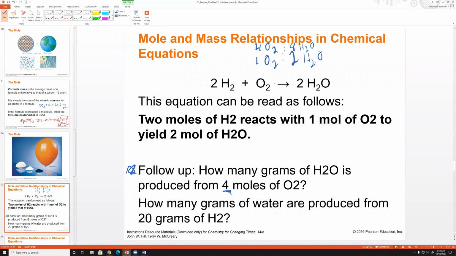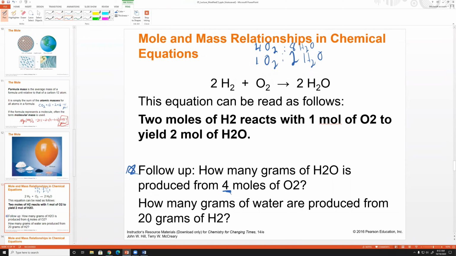Don't worry about grams yet. So instead of 1 mole of O2 making 2 moles of H2O, we're being asked for 4 moles of O2, and how much does that make? So if 1 makes 2, then 4 will make 8. That's where you get the 8 from. Does that make sense? Yeah, it does. Okay. All right. Cool. Once you do a lot of practice with this, it'll make more sense.